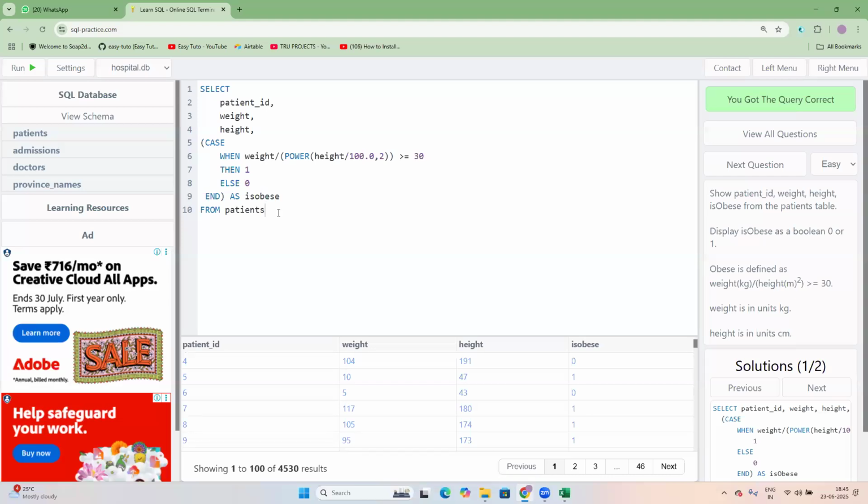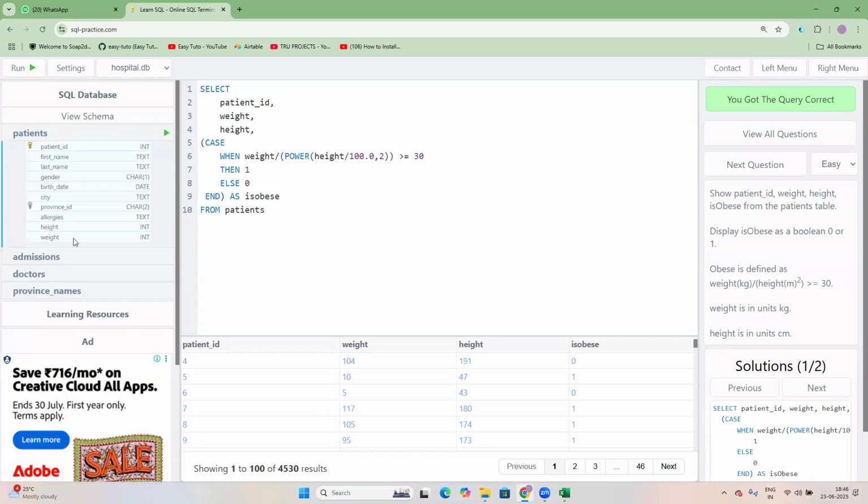No, Shekhar. Boolean again means it's 0 and 1. Boolean is a data type, correct? And we are not using Boolean in the actual table. The actual table has stored integers. We are not making any new data type here. So that's why we cannot use Boolean. We'll have to stick with the case statement.